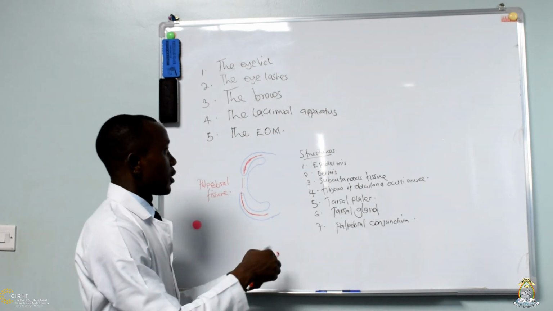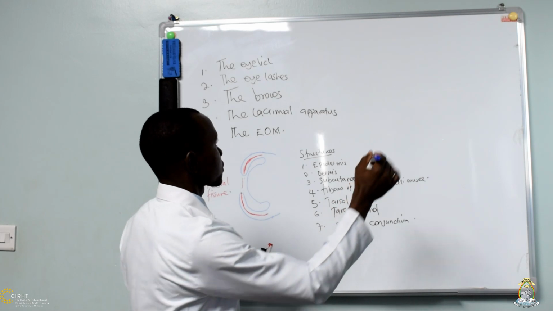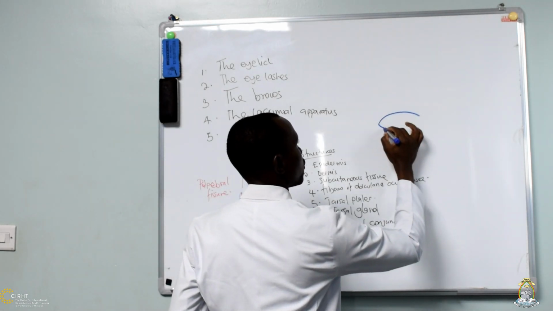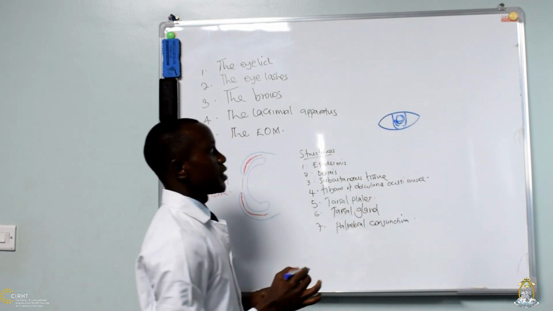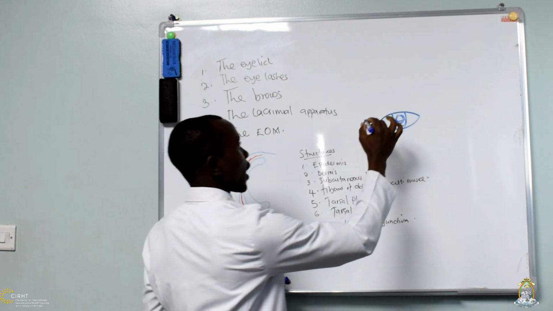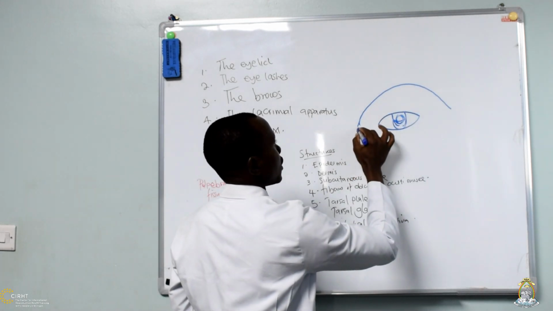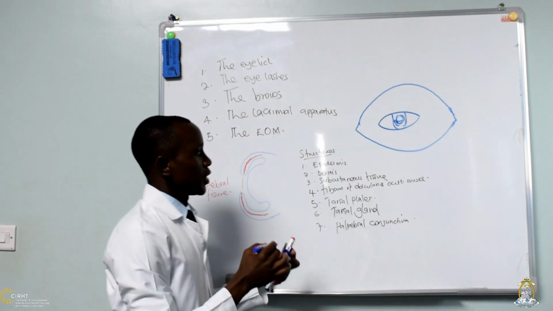Let me draw another clearer view. Let's say this is the eyeball. We have the eyelid: the upper eyelid, and this one is the lower eyelid.